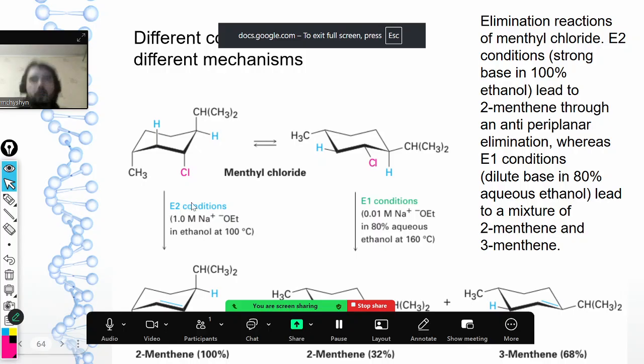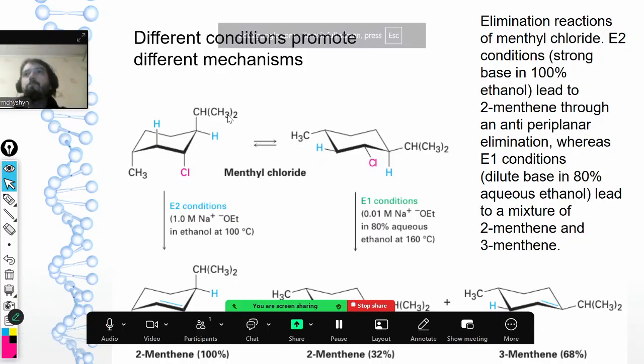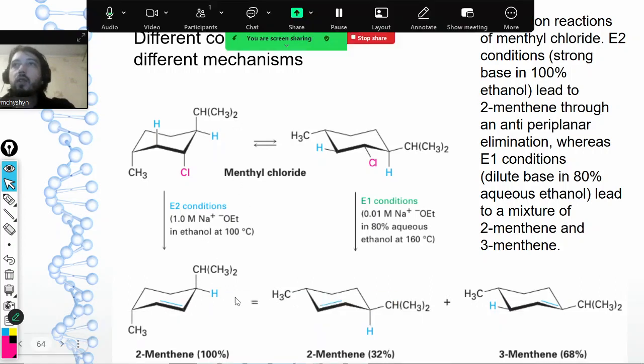Okay, let's go further. These are elimination reactions of menthyl chloride, so E2 conditions, strong base in 100% ethanol, lead to 2-menthene through an anti-periplanar elimination, whereas E1 conditions, like dilute base in 80% aqueous ethanol, lead to a mixture of 2-menthene and 3-menthene.